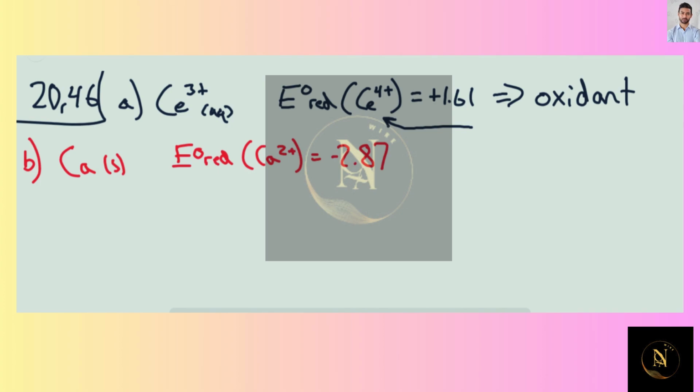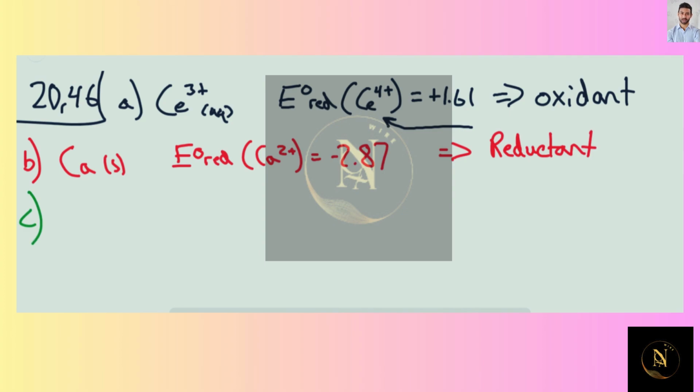So that means calcium 2+ does not want to be reduced to neutral calcium. So since it's not going to go to neutral calcium, it's much more favorable to go in the opposite direction. So neutral calcium will act as a reductant, a reducing agent, and give up its electrons to become calcium 2+.